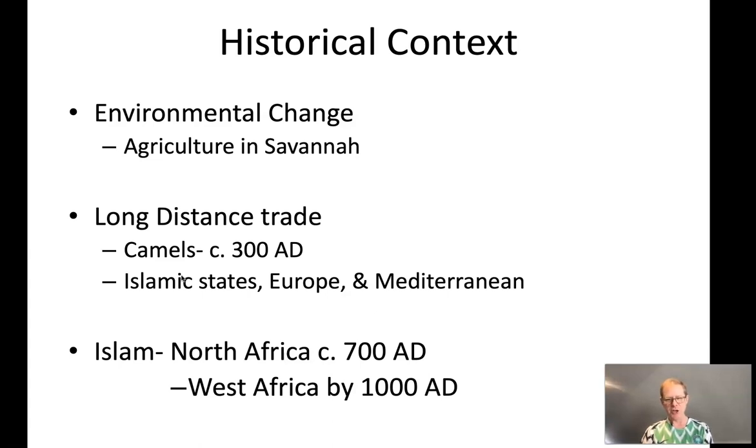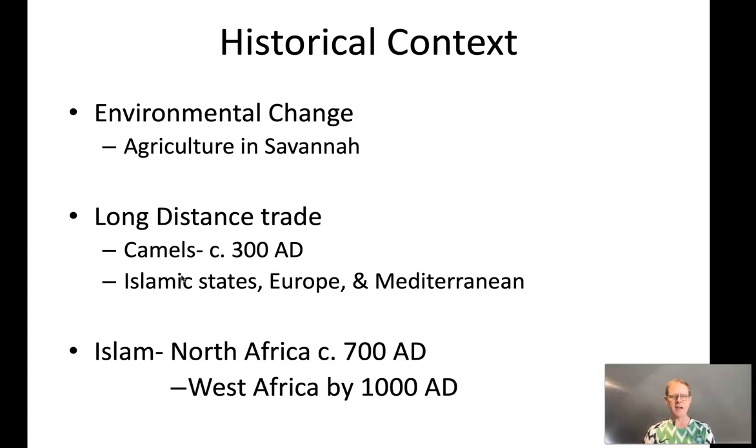This area, generally speaking, is getting drier and drier. We're seeing the development and growth of the Sahara Desert. And, well, camels are going to be perfect for traversing that. But we're also going to see the introduction of Islam, as we'll talk about in a couple different ways, but also with trade.